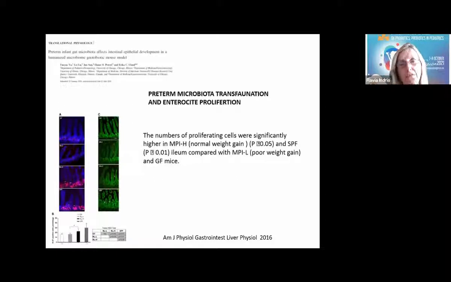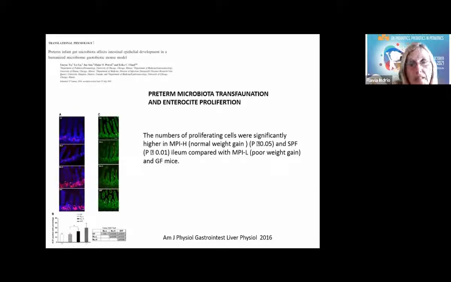They took the feces, the microbiota, from a group of preterm newborns with a normal weight gain, assuming that weight gain was, let's say, a healthy characteristic. And they transplanted this fecal microbiota, these species, into some germ-free rats.